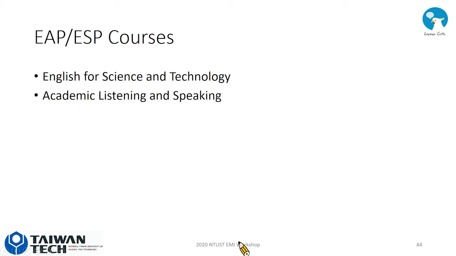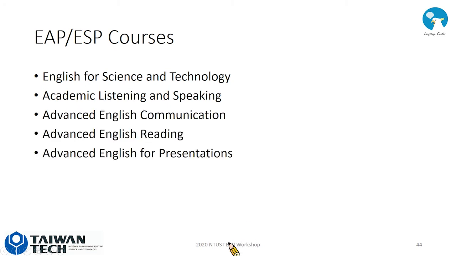So you can take these courses to help improve their English proficiency. And also we have some advanced courses like Advanced English Communication, Advanced English Reading, or Advanced English for Presentations. These are all very useful courses for students who want to take EMI classes.